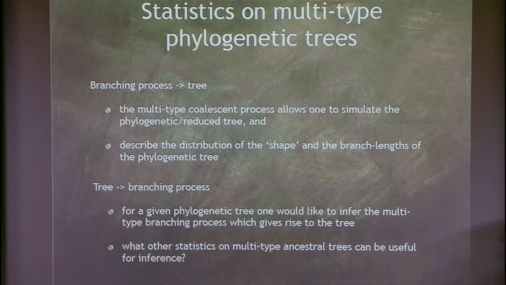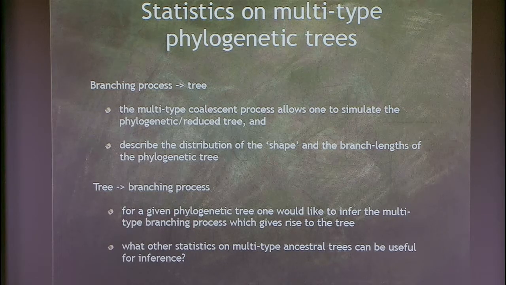But I wanted to see if there is some way of going back, right? So inferring, knowing what the tree looks like, can you infer something about the current situation, or a very recent situation, a couple of generations back, about which branching mechanism gave rise to this tree?